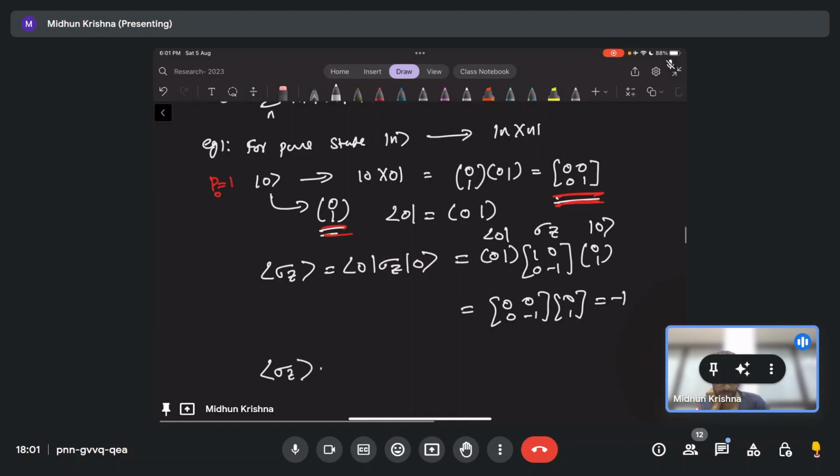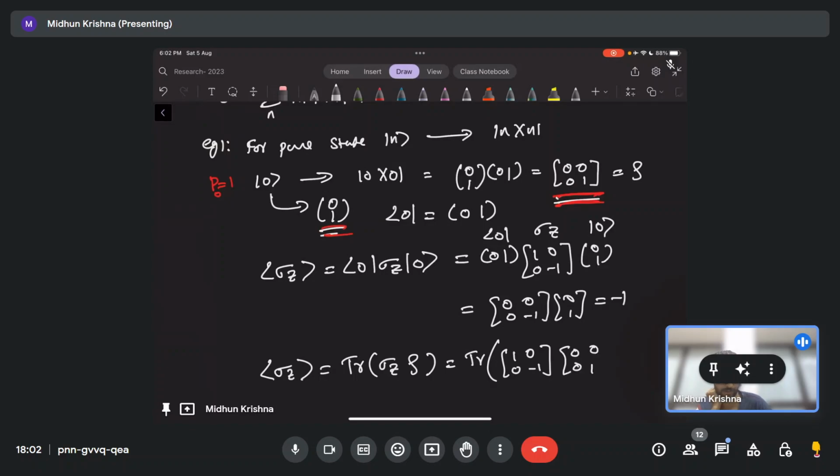Now, if I do it from the density matrix point of view, sigma Z, what did I tell you? This is the trace of the observable, which is sigma Z here, times the state rho. So this is rho here, which is the trace of the matrix 0, 1, 0, 0, minus 1 times the rho. Rho is now 0, 0, 0, 1 from here.